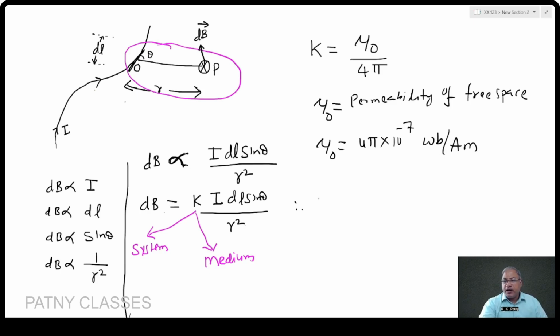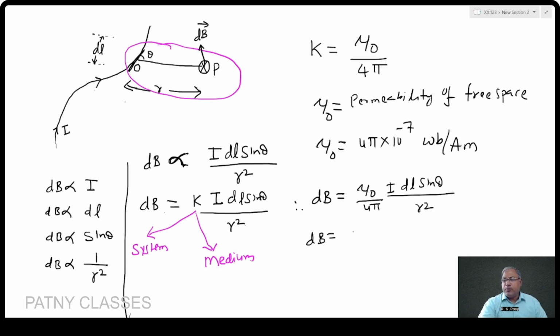Therefore, what can we write here? dB equals K value, which is mu naught upon 4 pi, multiplied by I dl sin theta upon r square. Now mu naught is 4 pi into 10 raised to minus 7.